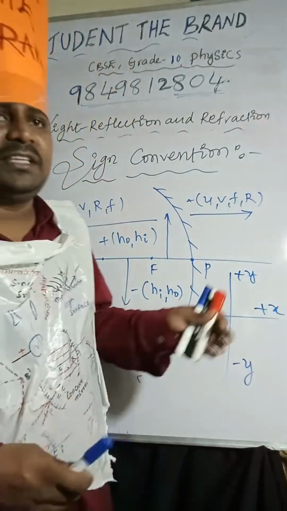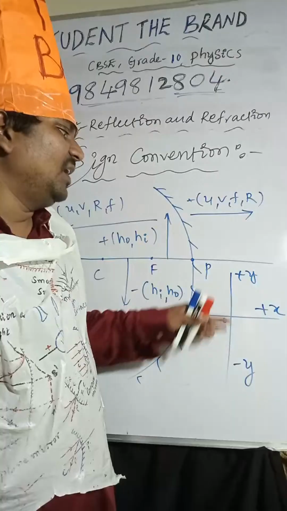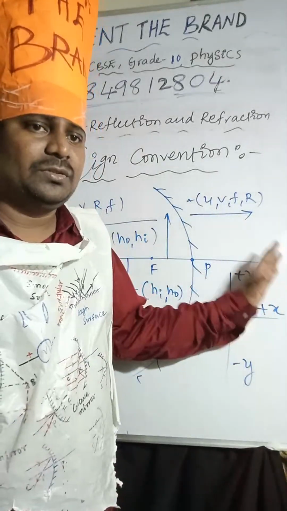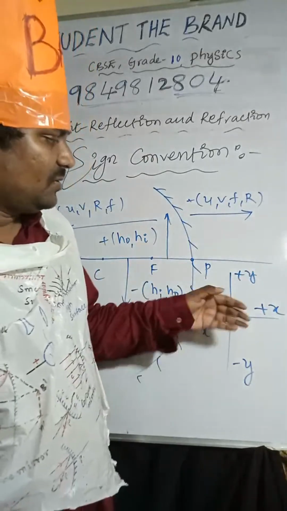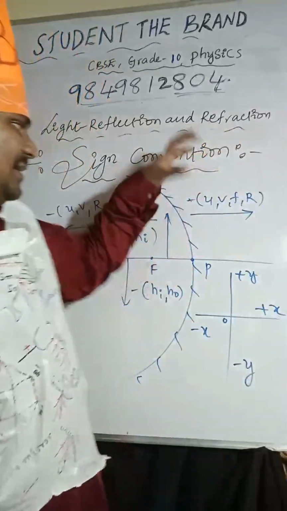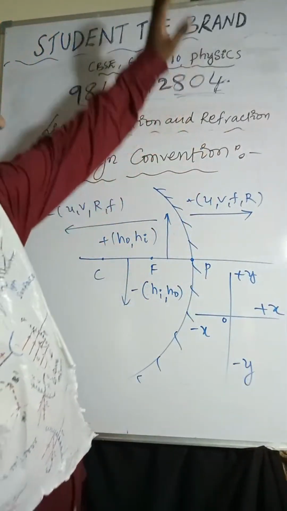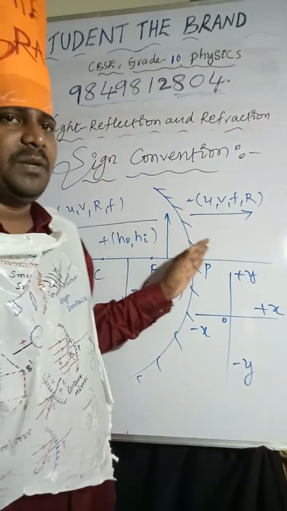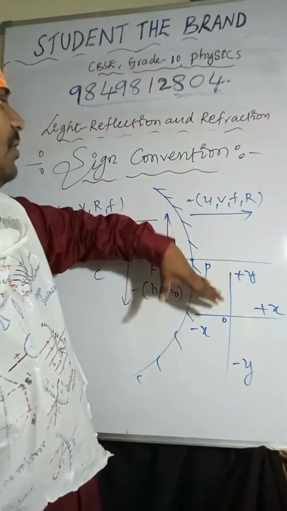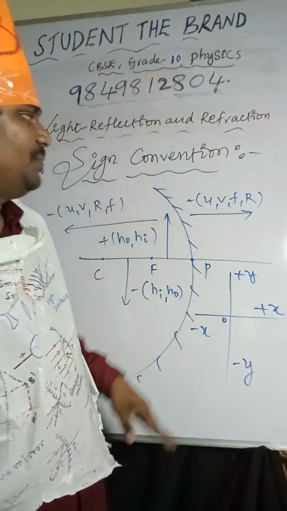Everything we consider from the origin, along the incident direction positive, along the opposite direction negative, above the principal axis positive, below the principal axis negative. All measurements are taken from the pole.